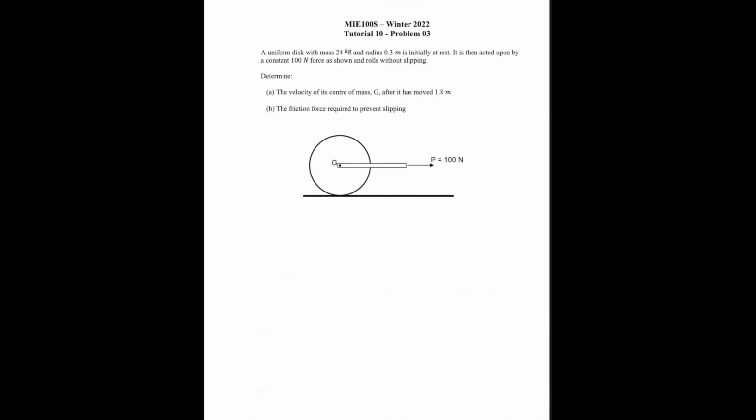Now for our final problem, number 3, we have a uniform disk with a mass of 24 kilograms and a radius of 0.3 meters, initially at rest. It is then acted upon by a constant 100 Newton force as shown and rolls without slipping. We have to determine the velocity of its center of mass after it has moved 1.8 meters and the friction force required to prevent slipping.